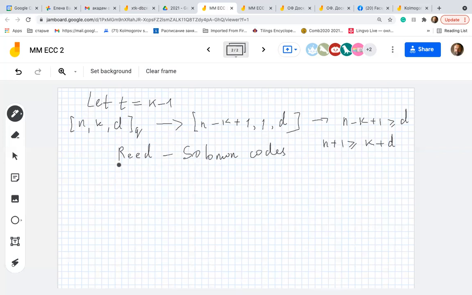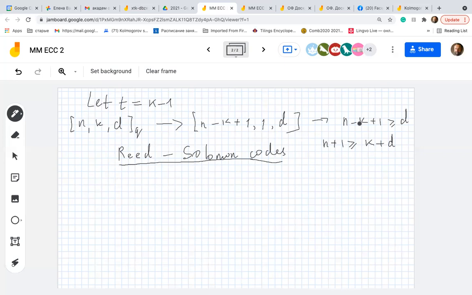So Reed-Solomon codes will lie on the Singleton curve. That means that they are perfect. Moreover, for every point on the Singleton bound, there is a Reed-Solomon code for those parameters. The only minor point of Reed-Solomon codes is that the alphabet should be large.